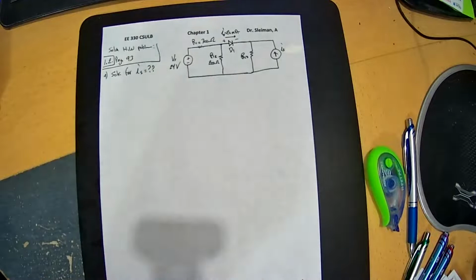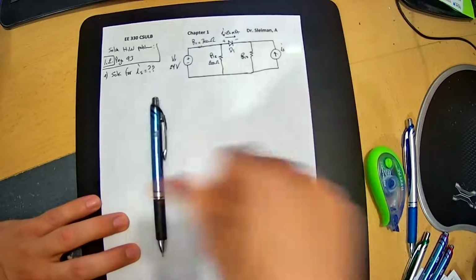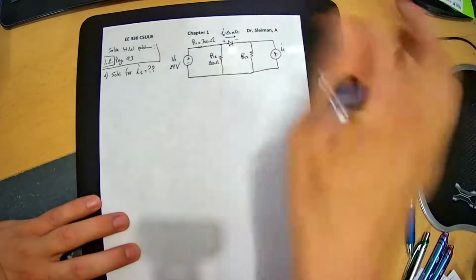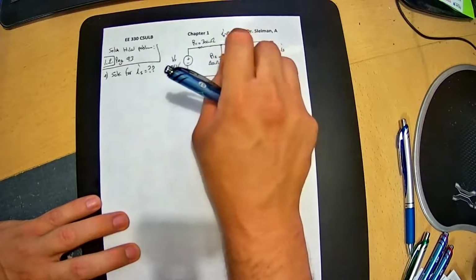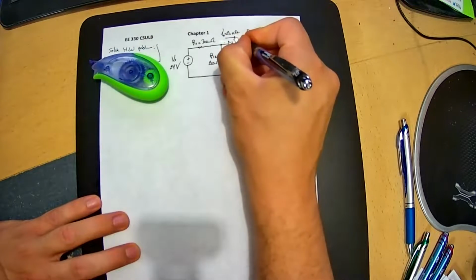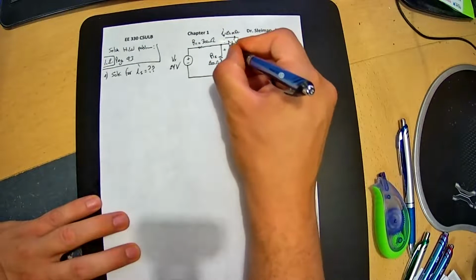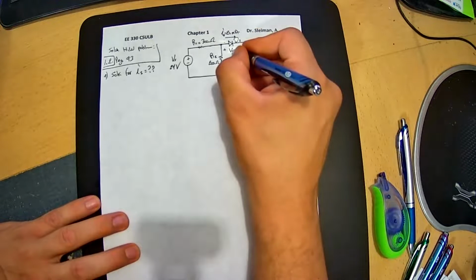Okay, to do this, all we need to do is assign a voltage here. Let me take this D out. So this is D1. I'm going to assign my VD, or should I put it VX?